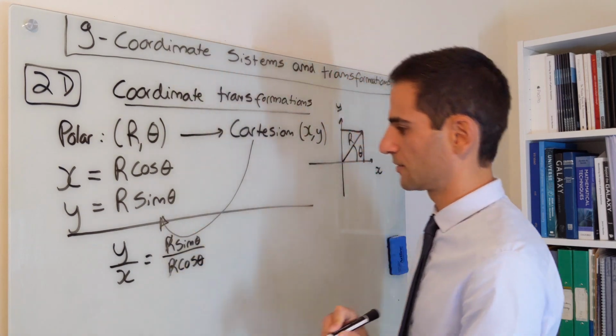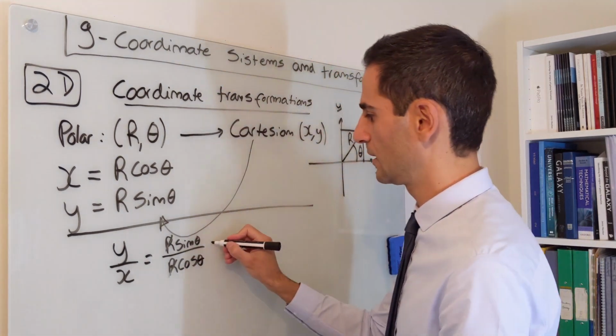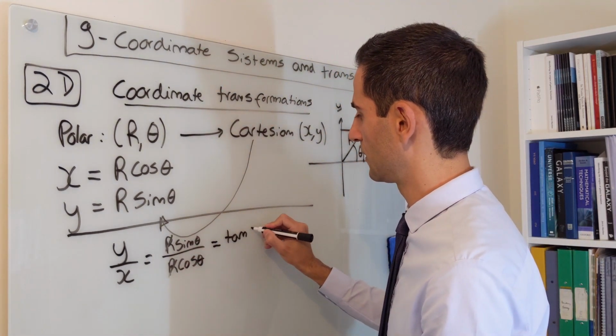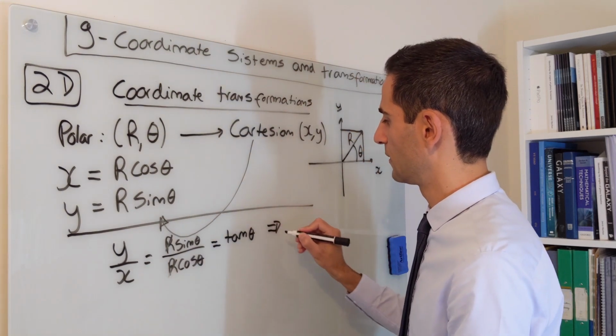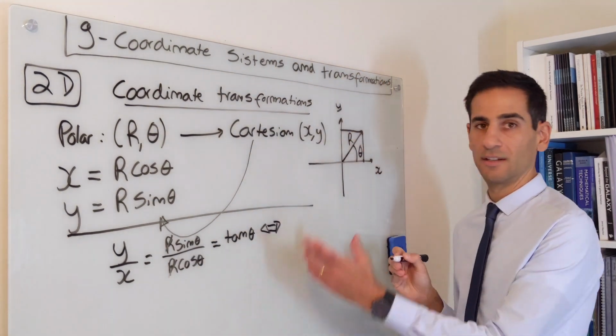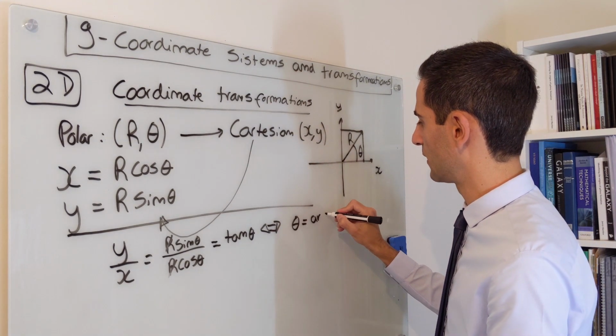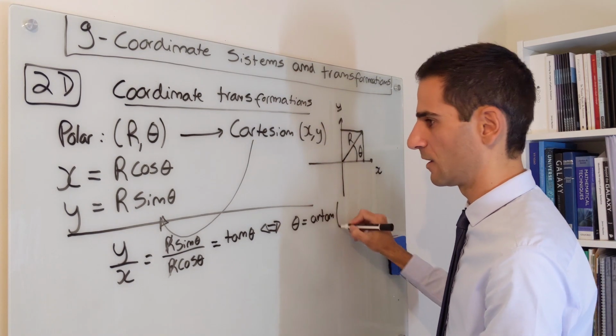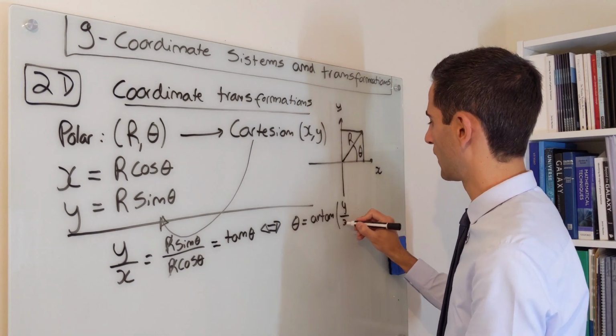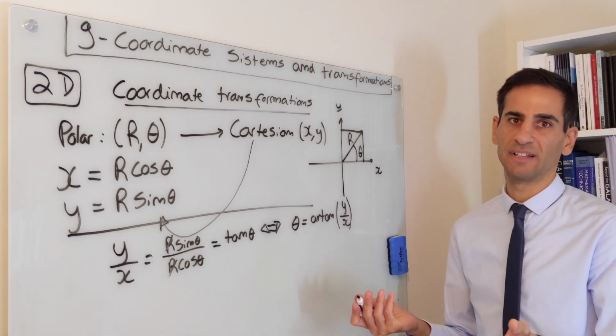We could cross out the r's to get tangent theta, and therefore a way to get theta is essentially by getting the arctan of y over x.